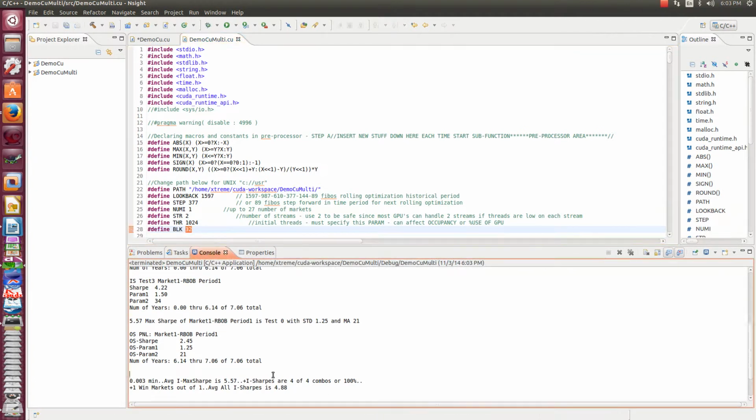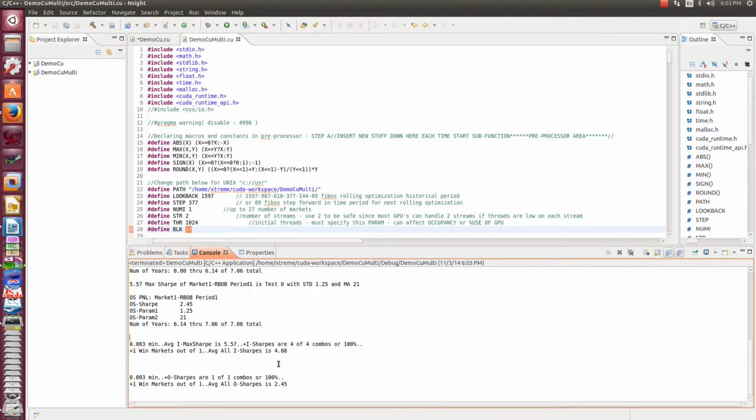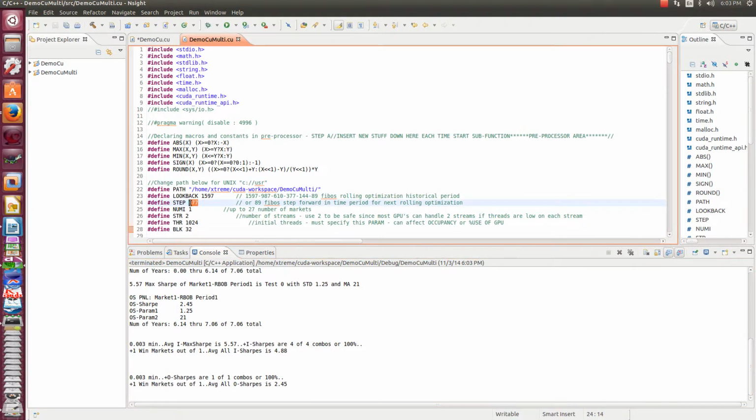Some files were sent out with each test result. Remember, the data can be 20, 30 years long, so we're going to be stepping through, starting with 5 years forward. Need to look back 5 years, and then every 377 days keep looking back at the last 5 years and try all our combinations and get the max Sharpe ratio.